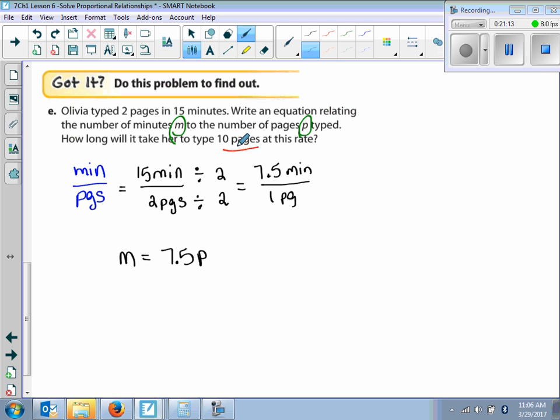So now we can substitute in 10 for P. You got that? So this is going to be M is equal to 7.5 times 10. So the number of minutes is going to be equal to what? 75 minutes. It takes her 75 minutes to type 10 pages.